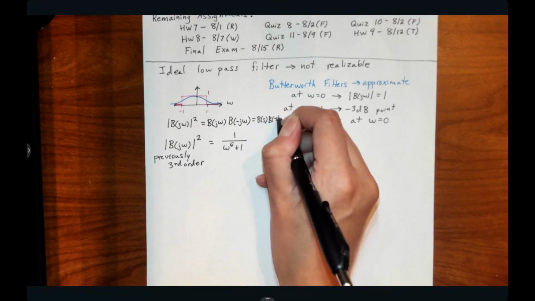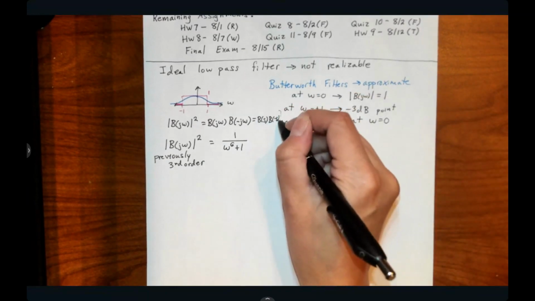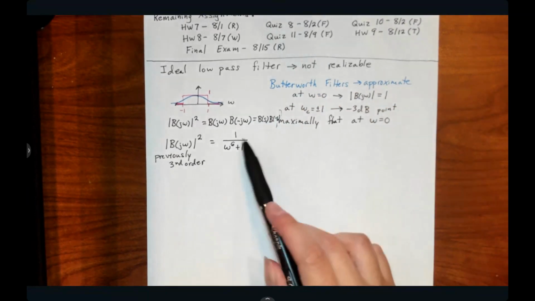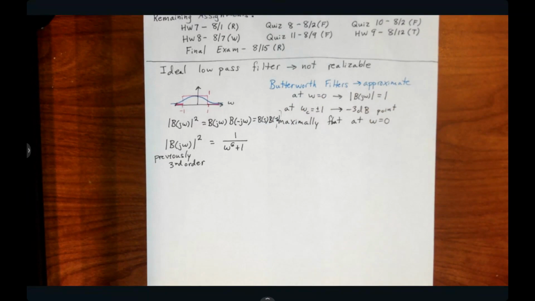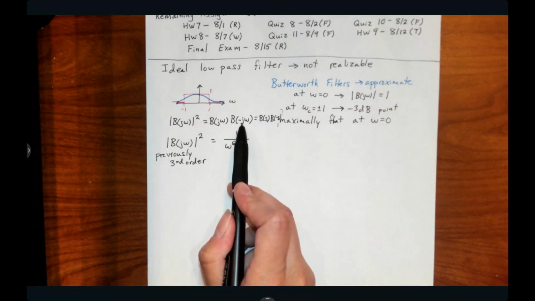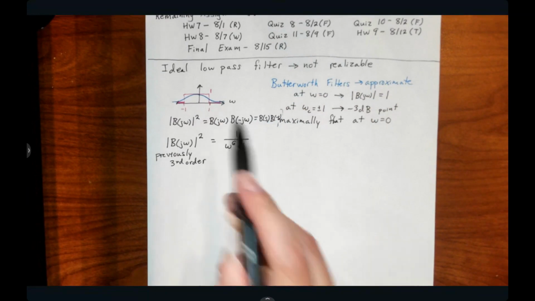And we can relate that to our Laplace transform as well. And so what this means is that when we're looking at this form, we're actually going to have some poles which are related to our Butterworth and some poles which are related to this mirroring that we used to get the form that we wanted.